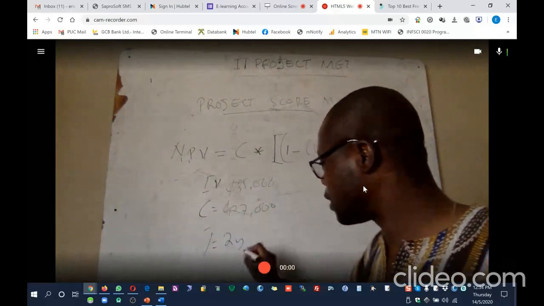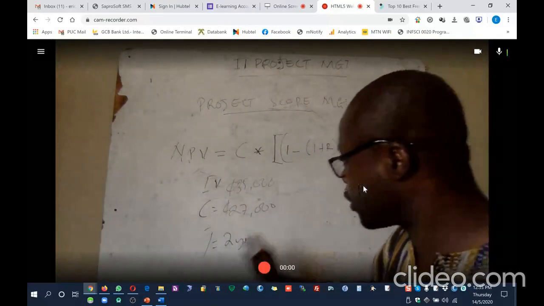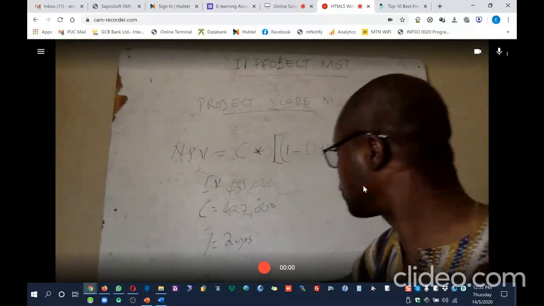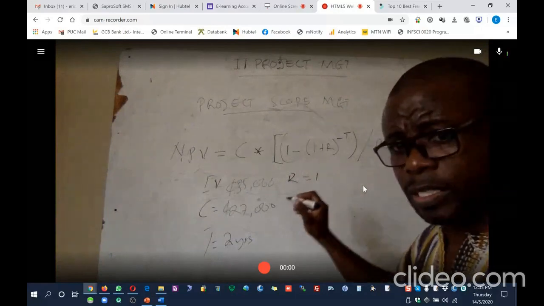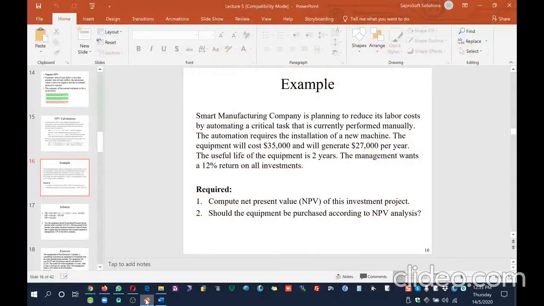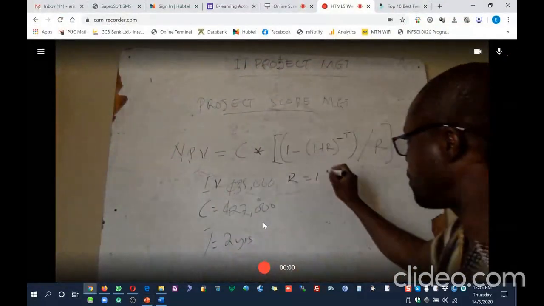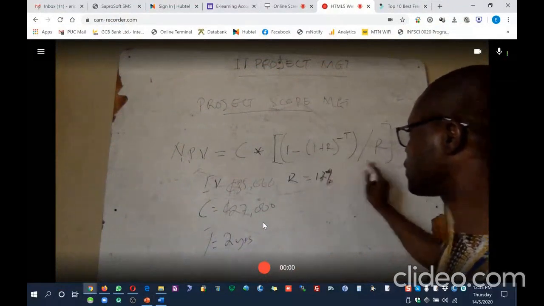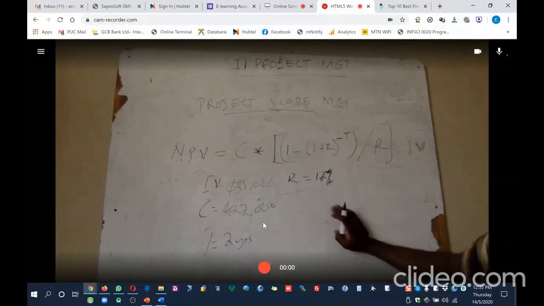And then the company is also looking for a rate of, let me put that on top here. They are looking for a rate of, is it 10 or 12%? Let me check. Yes, they're looking for a rate of 12% on all return of all investment that they make. So we can now begin to put this into the formula.